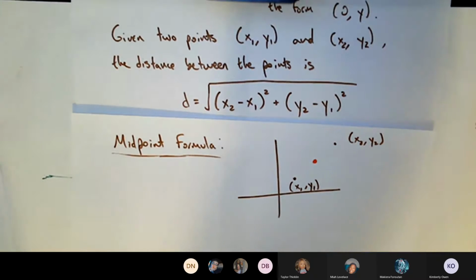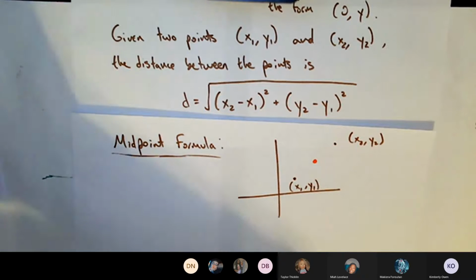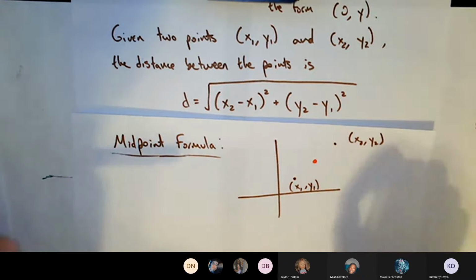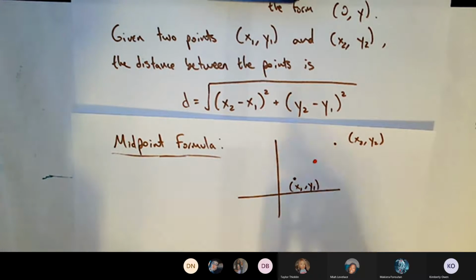Well, does anyone remember how to find the middle between two numbers just on a single axis? Like on the x-axis, what is the center between 4 and 6? You would probably say 5, right? And what are you doing when you find the center of two numbers?